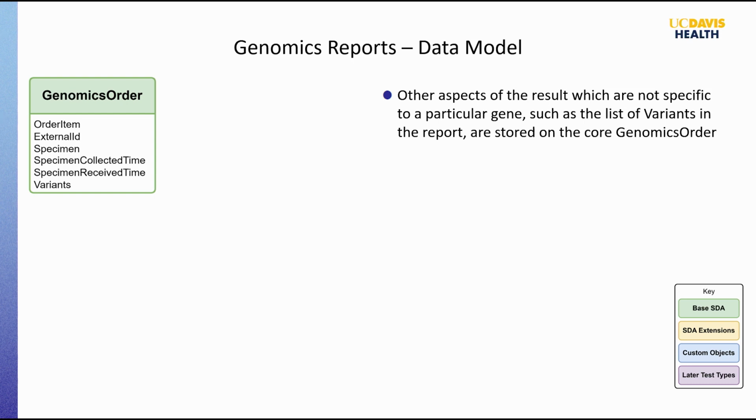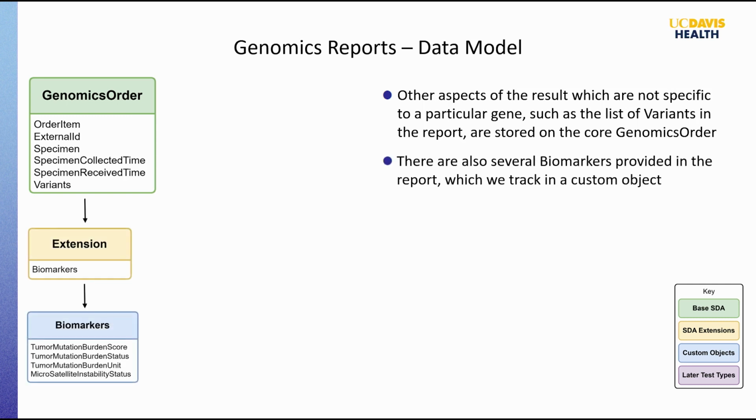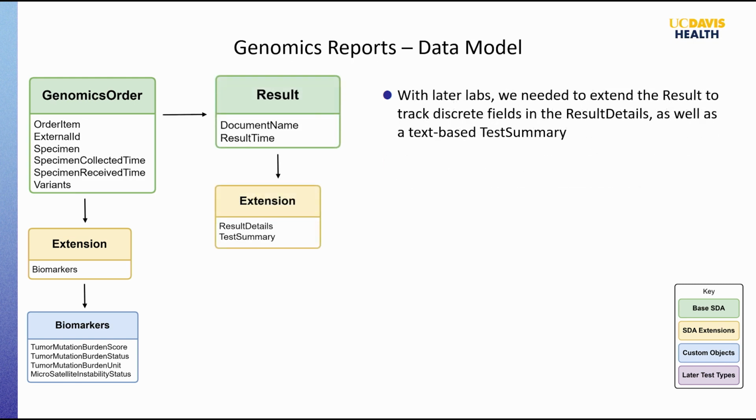So for the genomics order, we're looking for specific genes. That includes a list of variants. And then we also extended the genomics order, and part of that is the biomarkers. So you see on the bottom left there are the biomarker fields. And we also extended the results.